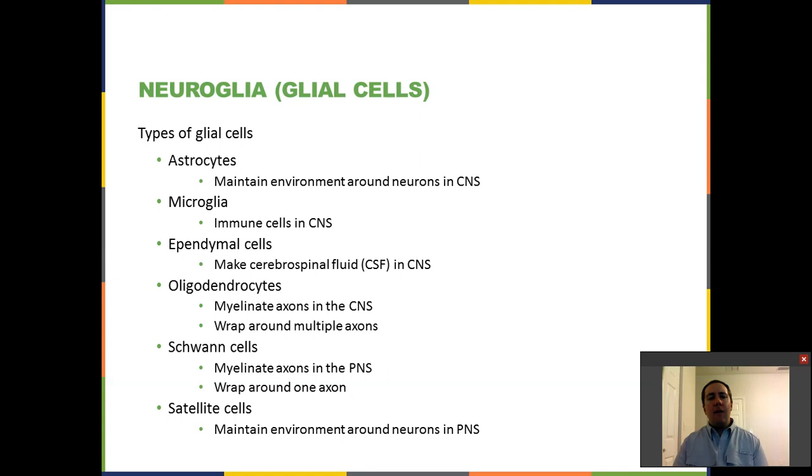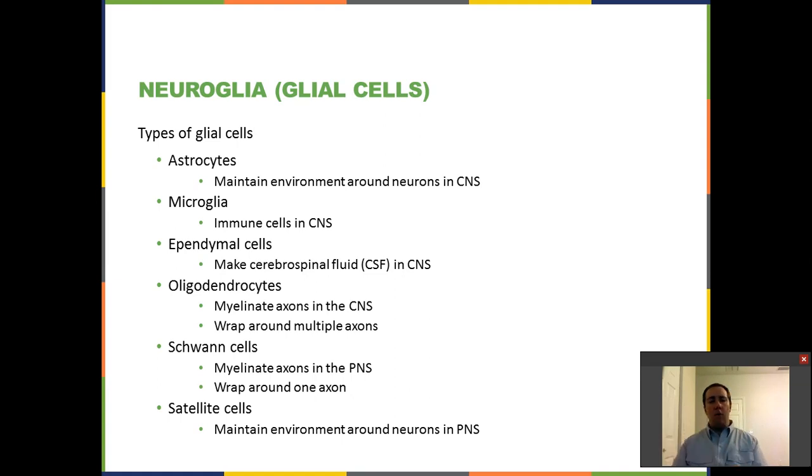So astrocytes are only in the CNS, and they work to keep the chemical environment around the neurons in the correct state. We're going to see that neurons fire because the ions inside and outside of that cell are moving.